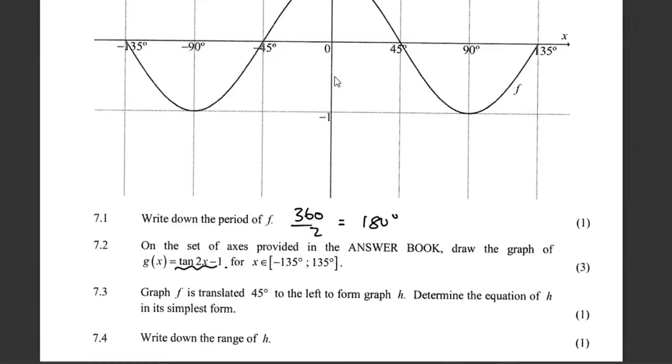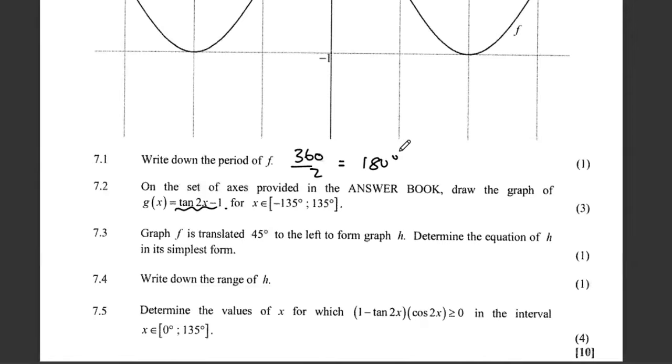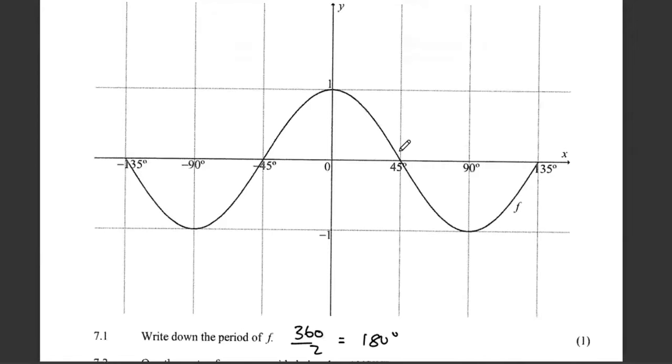So if I use my calculator and try to punch in the table approach and all of that. So we're saying mode table. We're saying it is a tan 2x. We are subtracting a 1. Is that correct? Yes.